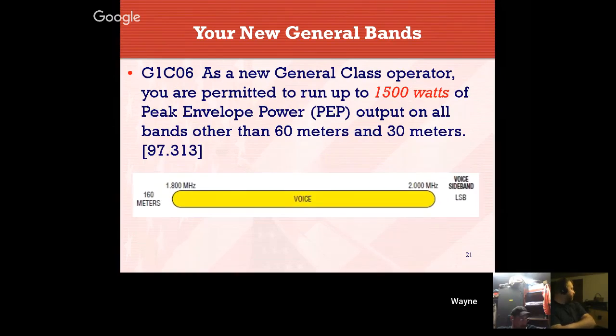Again, we just kind of covered that, and I don't know why they're showing the 160-meter band, but they are. Again, it's lower sideband to use.